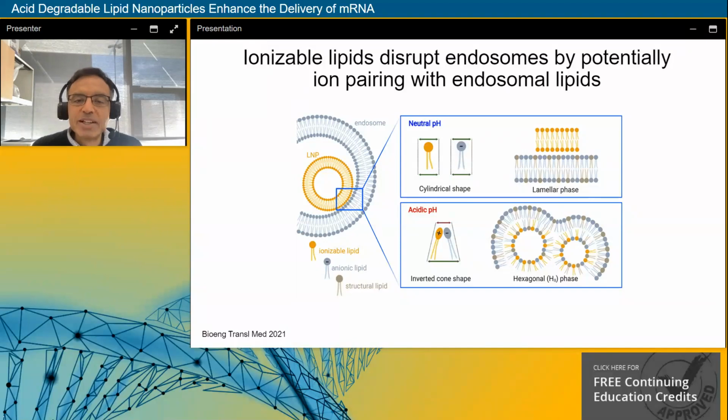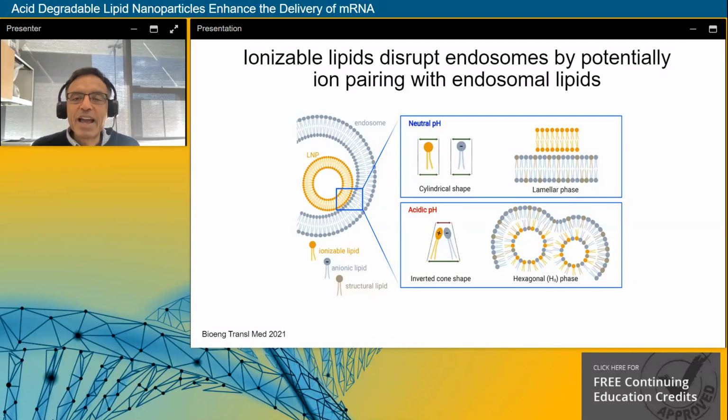Lipid nanoparticles contain an ionizable lipid. That's the yellow lipid on the lower left slide. The ionizable lipid is a lipid that has a pKa of around 7. So what that means is that at pH 7.4, it is by and large neutral. It's not positively charged because of the pH.